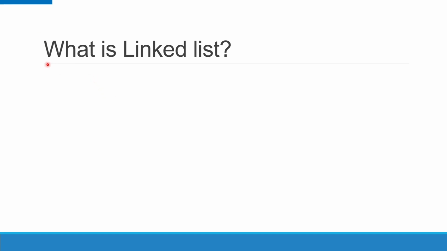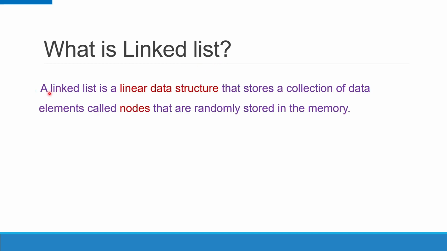And next is, what is linked list? A linked list is a linear data structure. It comes under linear data structure like your array. Array is also a linear data structure and linked list is also a linear data structure that stores a collection of data elements called nodes.